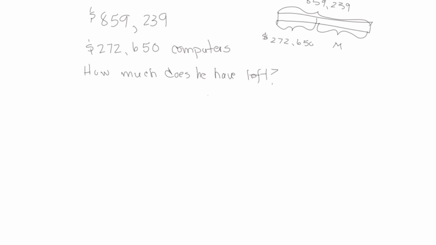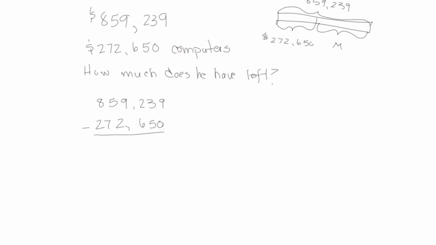So that tells us what we need to do in terms of our calculation. So we're going to start with our total, subtract what he spent, and we'll check each place value.